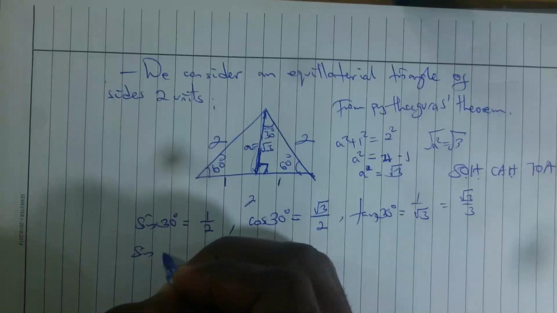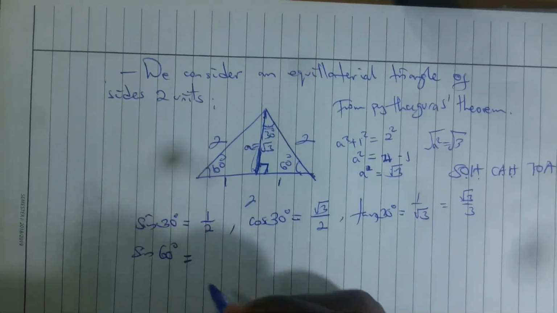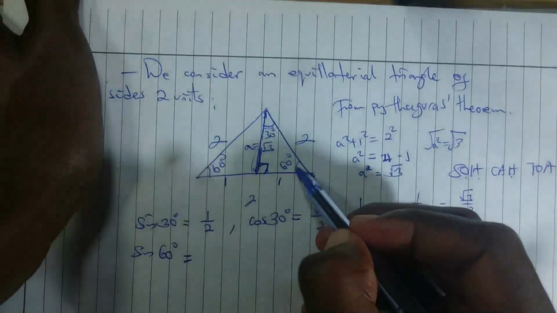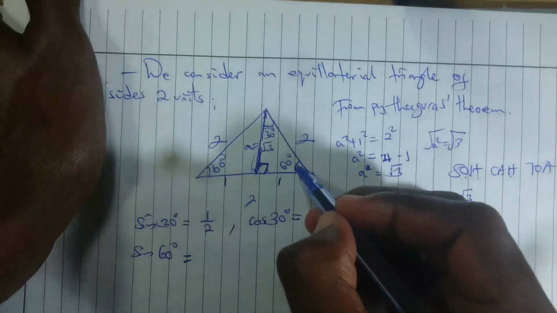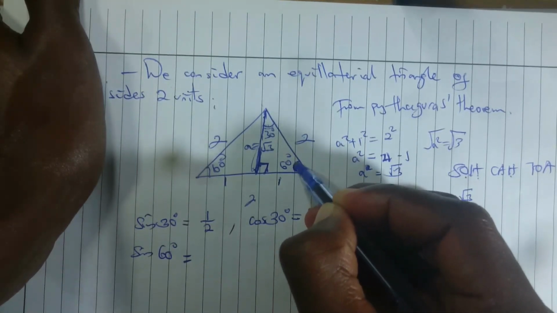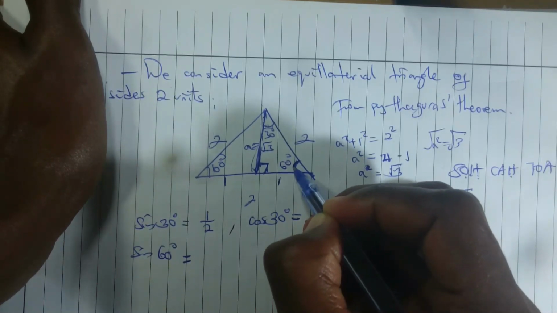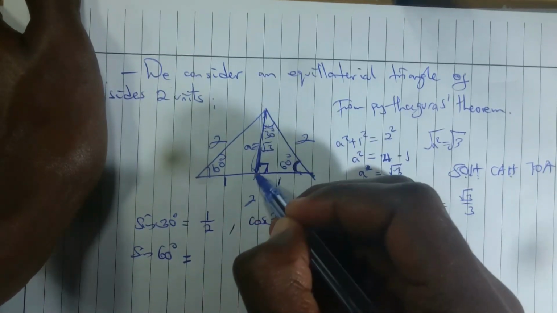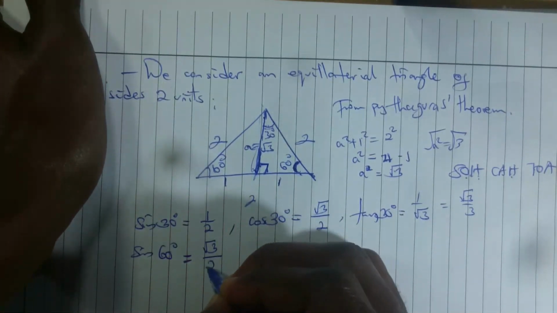Sine of 60 degrees is going to be, now sine is opposite over hypotenuse. We have our angle 60 here, and the opposite side is that side, which is root 3, over the hypotenuse, which is 2.